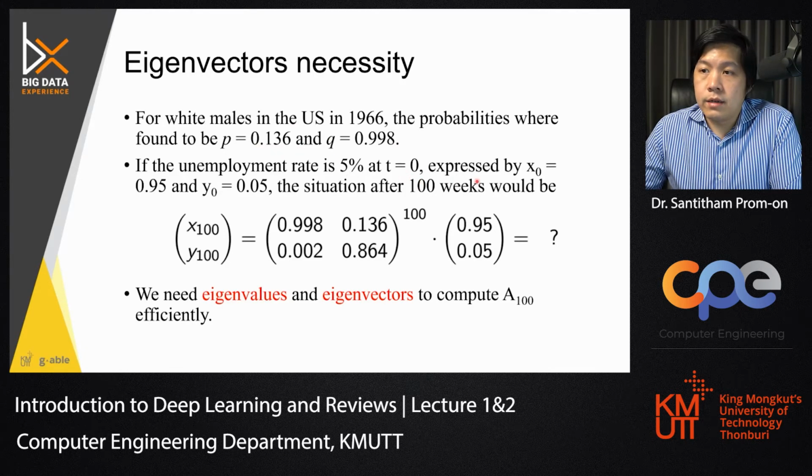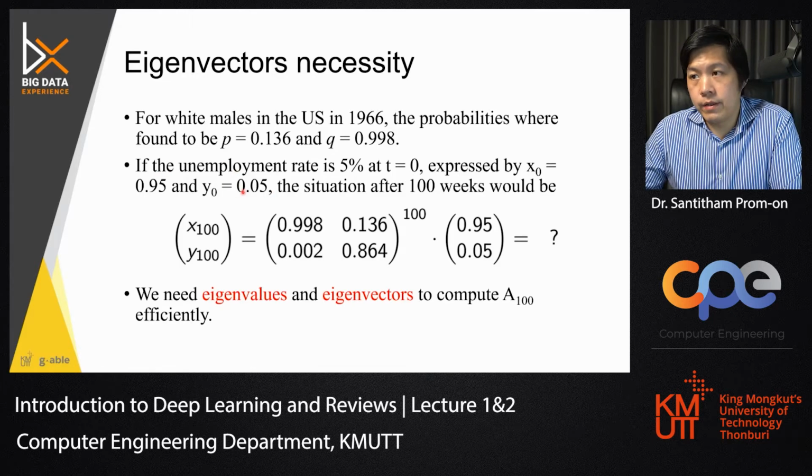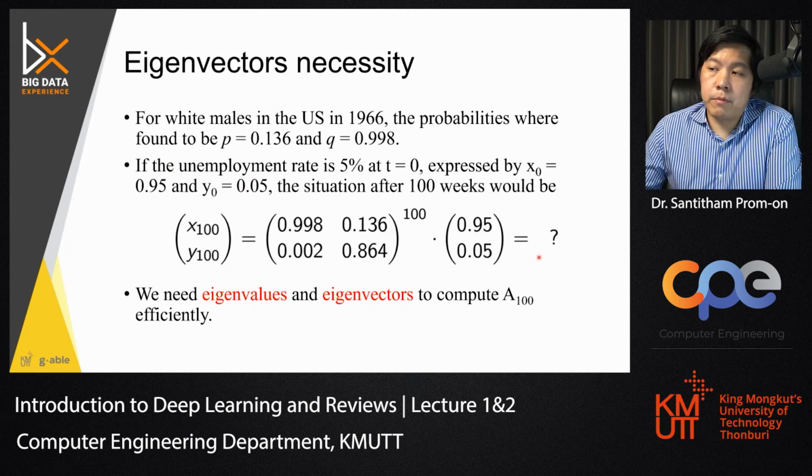And then at the current rate, suppose that x0 is 0.95 and y0 is 0.05. These are the employment rate and unemployment rate. After 100 weeks, we can make a projection of what the values would be. But you don't really need to do this.